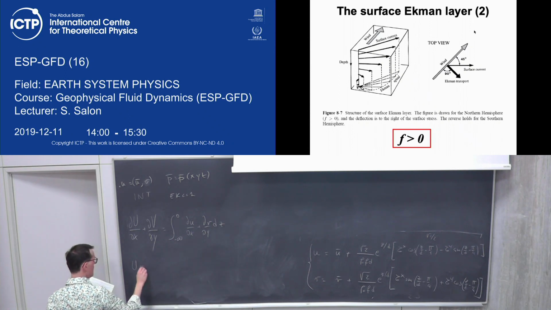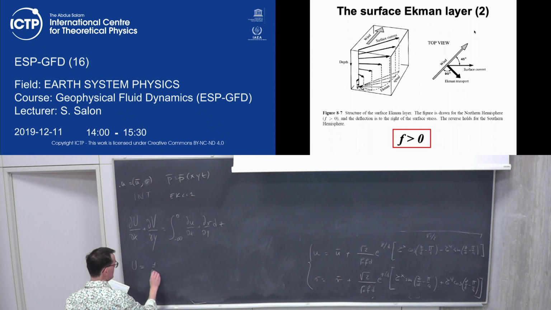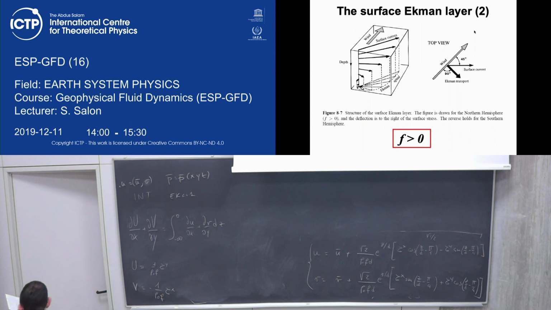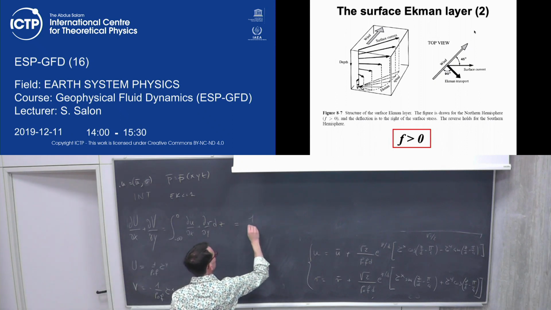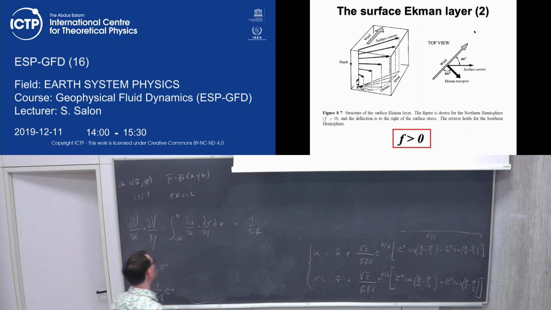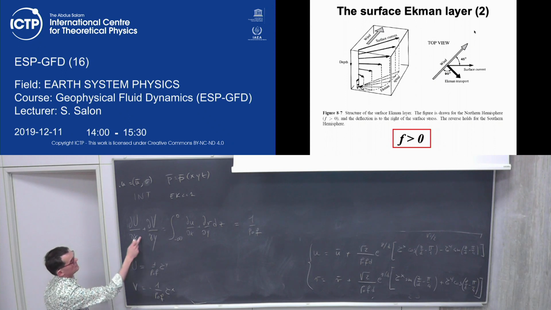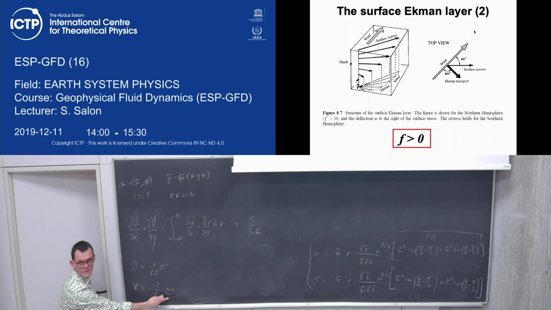So u was equal to 1 over rho 0 f tau y, and v minus tau x. So if I apply directly this, what I obtain is dx tau y minus dy tau x.